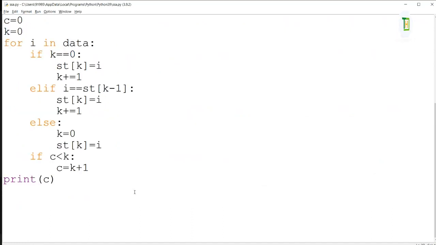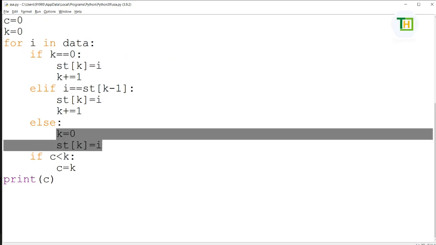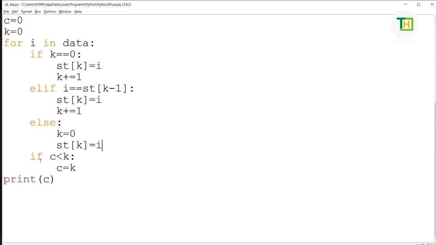Why? Because a simple mistake is there. Here I'm modifying the k value. That's why the k value is not greater than c and it is not going for the last index. That's why when you are assigning that, we have to take like this. If c is less than k, I have to write c is equal to k plus 1 always. That is the answer here.